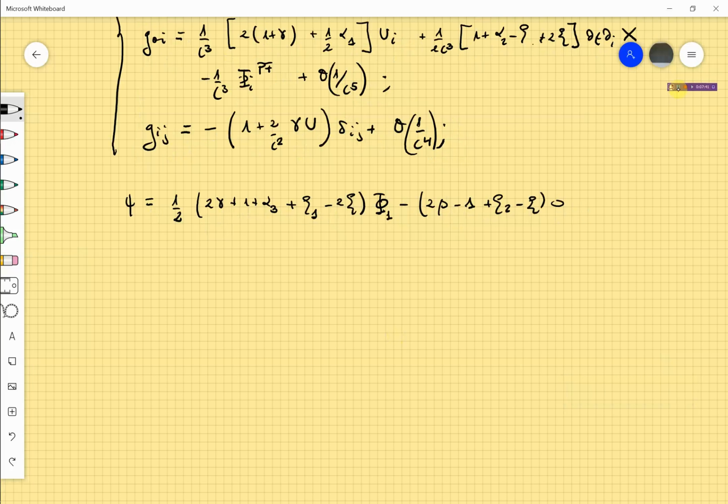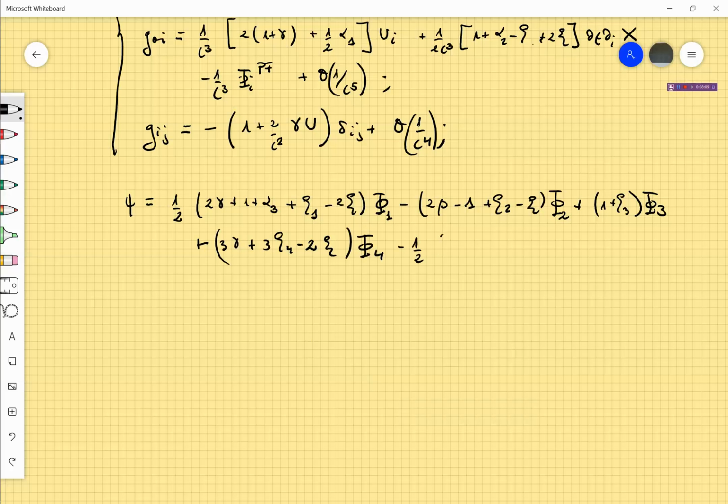This is phi 2, 1 plus Z3, phi 3, plus 3 times gamma plus 3 times 4 minus 2 psi, sorry, this is a 3, phi 4, minus half phi 6 minus psi phi w.